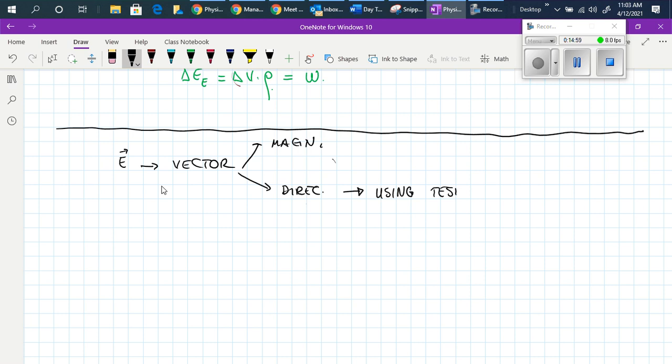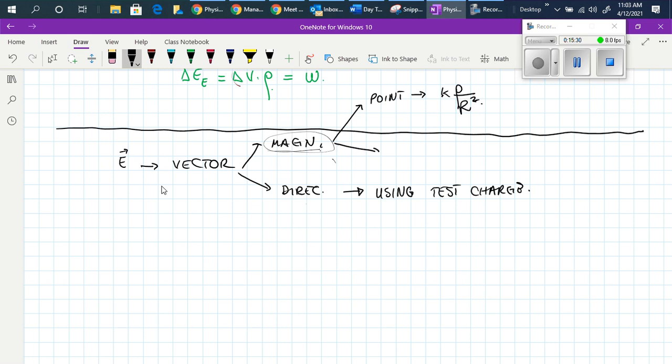the test charge. We said that when it is a point charge, the electric field strength is calculated with Q of the source over r squared, where r is the distance between the center of the source and the point that you are measuring.